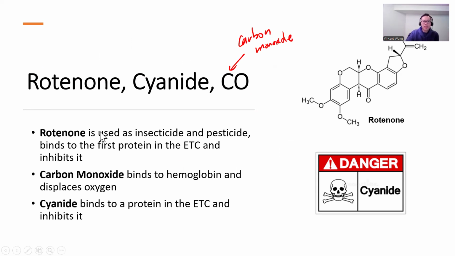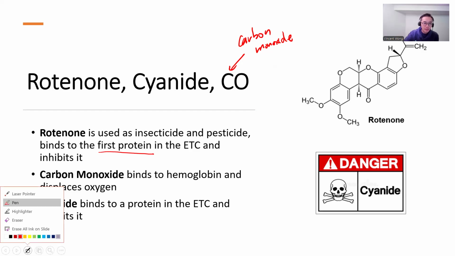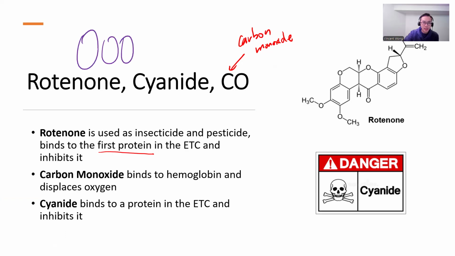So rotenone is actually used as an insecticide and pesticide. They kill off insects and pests in places that you don't want them to be. And how it works is it binds to the first protein in the ETC, right? In our drawing, we had three purple proteins, and I just called them one, two, and three.